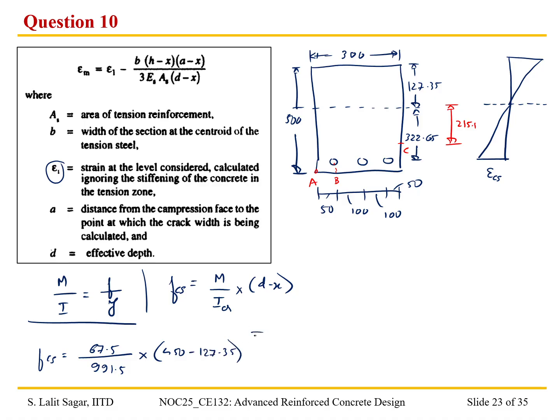Okay, which gives me the value of FCS, that is the stress in concrete at the level of steel, that is equal to 21.97 MPa.